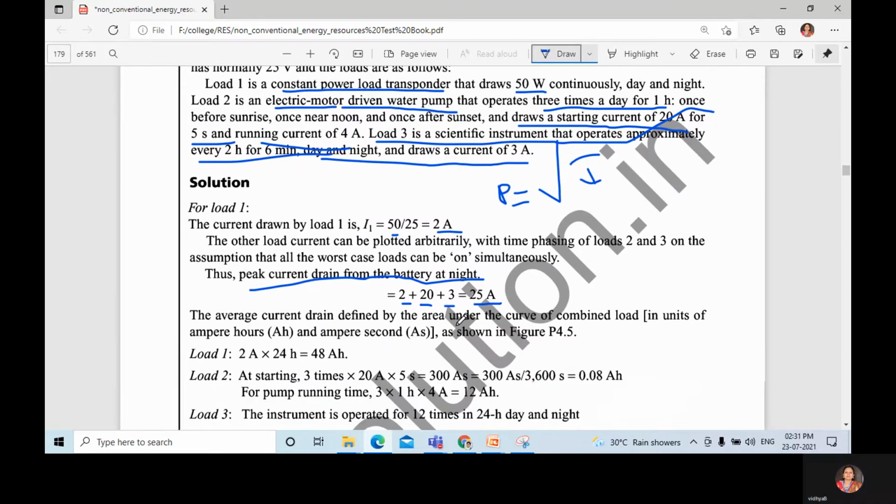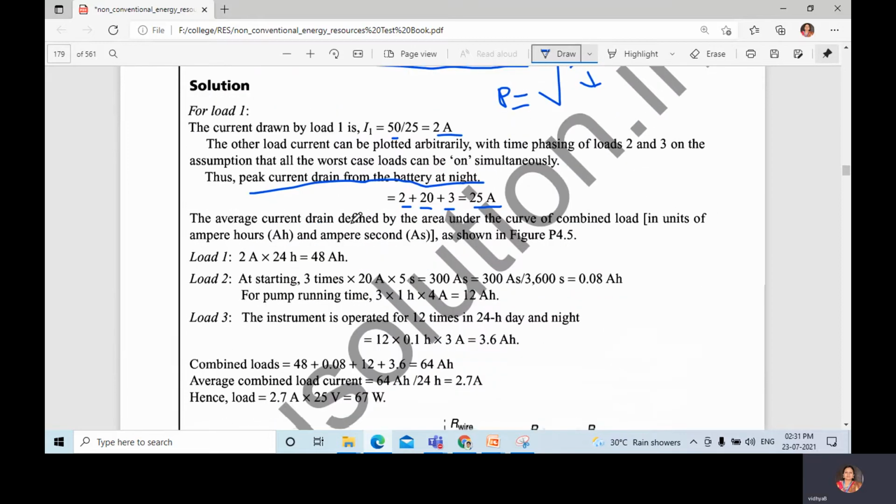The average current drain is defined by the area under the curve of the combined load. Here load 1 is 2 amps into 24 hours, equal to 48 amp hours.